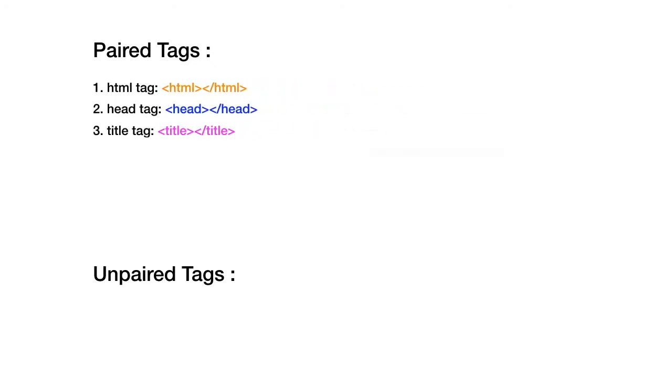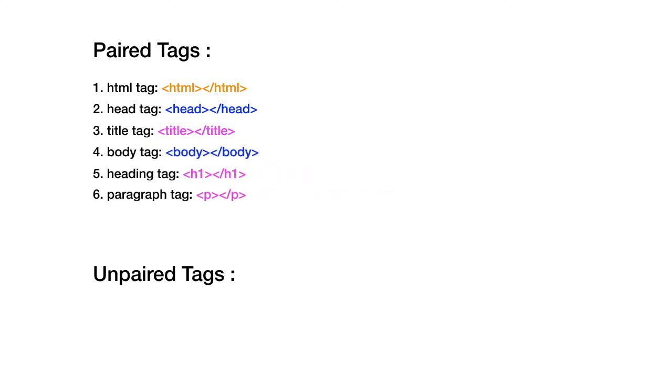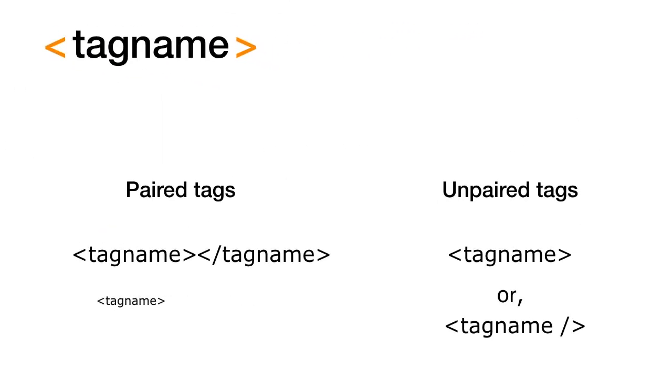Now let's look at some examples. Some examples of paired tags are the html tag, head tag, title tag, body tag, heading tag, paragraph tag, etc. Some examples of unpaired tags are the link tag, image tag, input tag, etc. Now, if we put some content between the opening and the closing tag, it will become an HTML element.